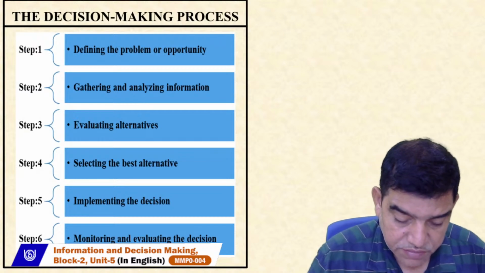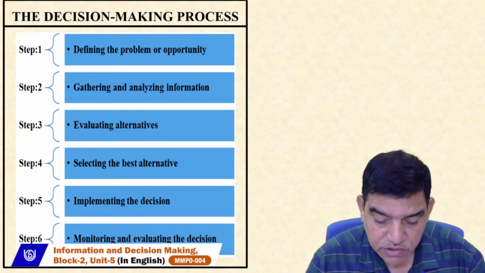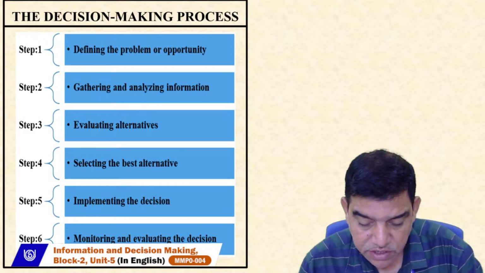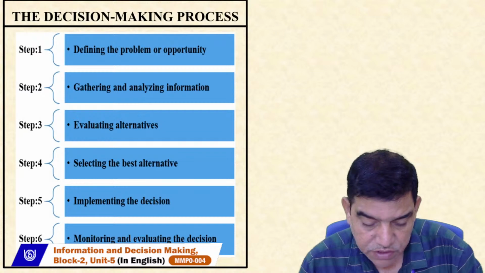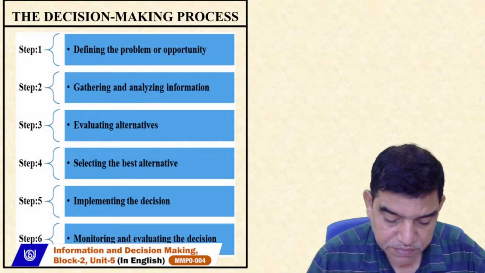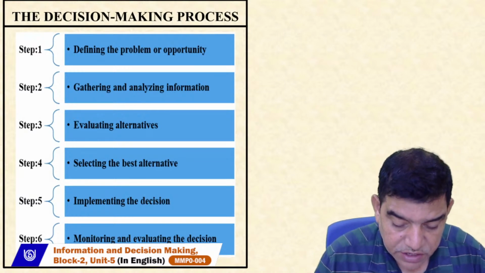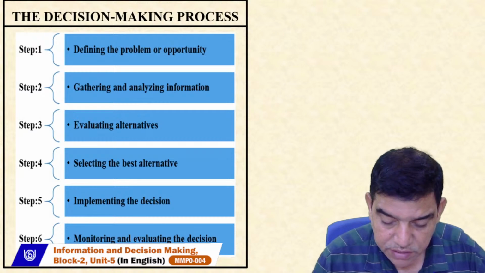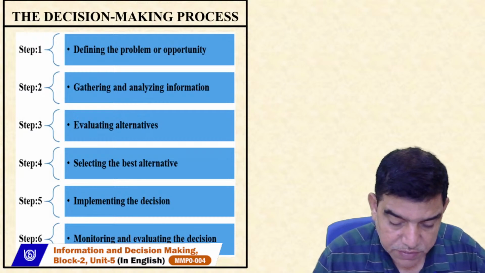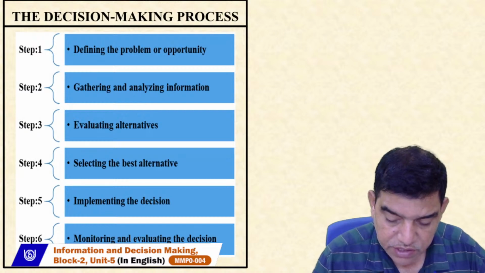Then allocate resources. Ensure that the resources needed for the decision, such as funds, personnel and material, are available. Create an action plan: a detailed action plan outlining the specific steps required to carry out the decision.